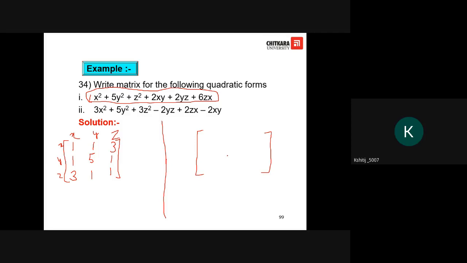Ma'am, diagonally it will be 3, 5, 3. Harinderjeet, you will check it, beta. Then what? Ma'am, and xy will be 1, and yx is also 1. Tell me this entry, children.